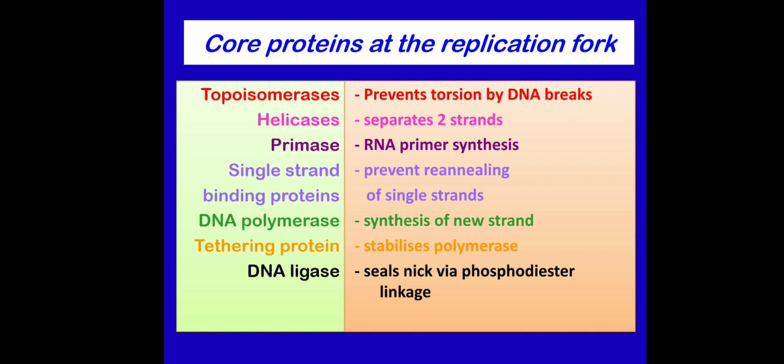So what are these replication fork enzymes? Topoisomerases prevent torsion by making DNA breaks, helicases separate the two strands of DNA, primase does RNA primer synthesis, and single-strand binding proteins prevent re-annealing of single strands.